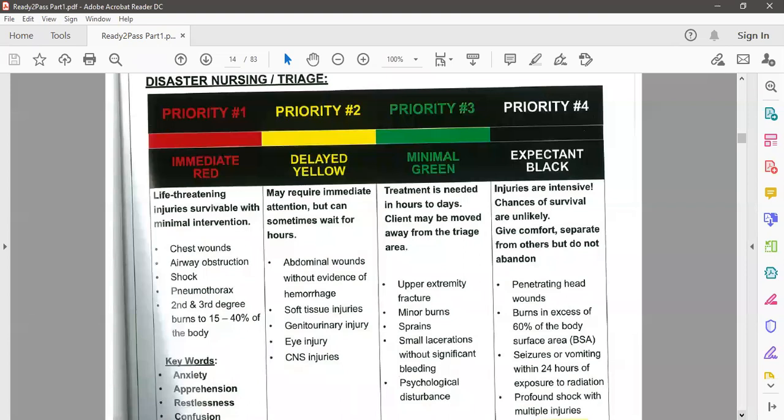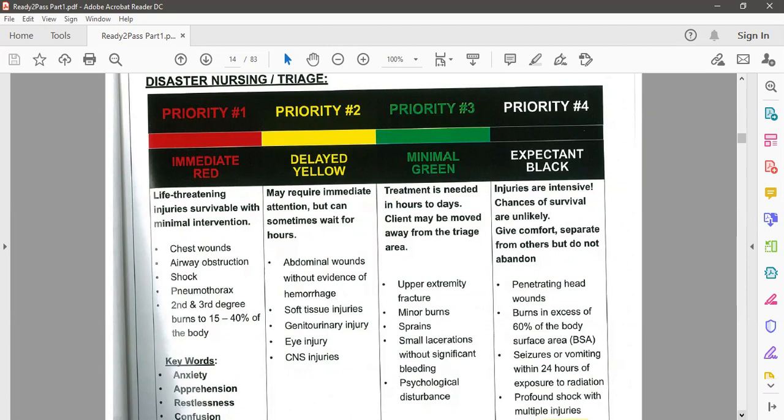The last one is priority number 4 or black tag. The injuries are intensive and the chance of survival is unlikely. Whatever you do, the patient will die.